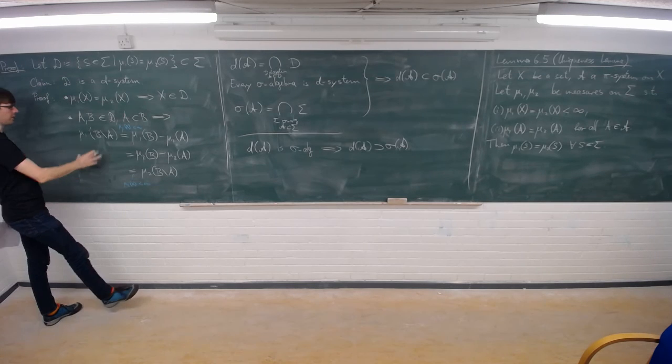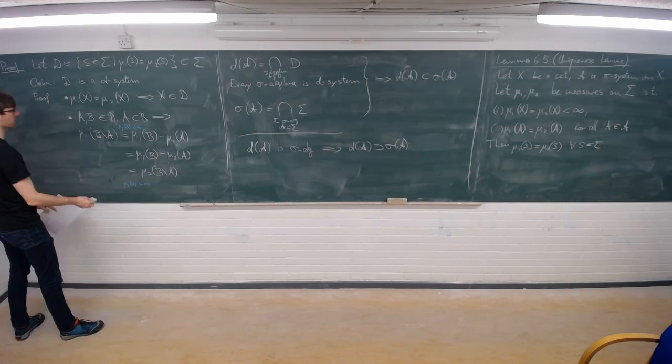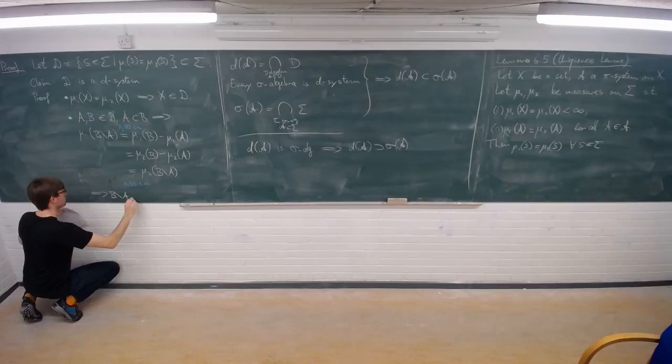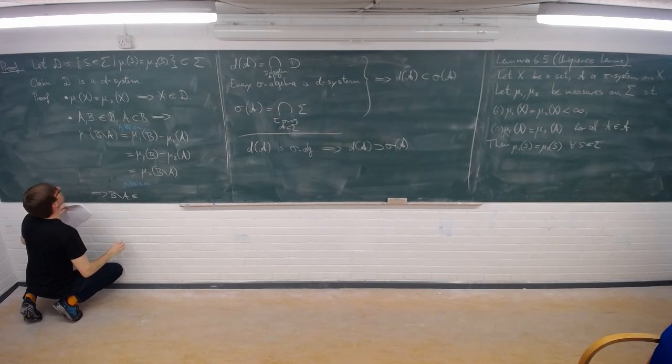Okay, so mu1 of B minus A is equal to mu2 of B minus A. So B minus A is in D.